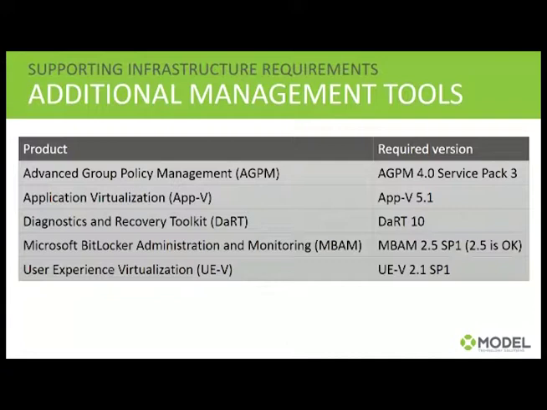The version listed there is AGPM 4.0 Service Pack 3 to effectively manage Windows 10 policies. And App-V 5.1 is shipping with Windows 10. But if you haven't looked at App-V in a long time, there are several enhancements over the previous versions, so it's definitely worth a review to see how it fits into your organization.